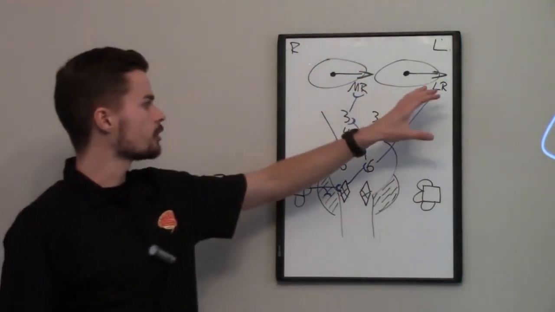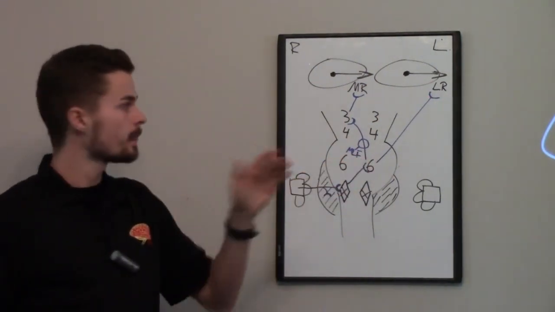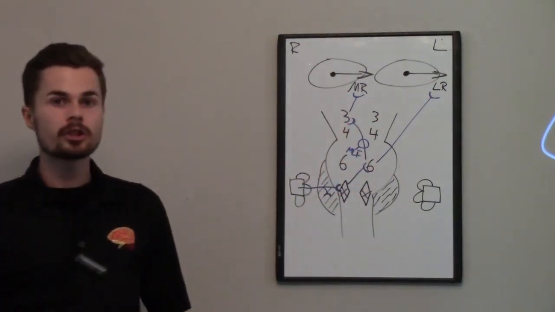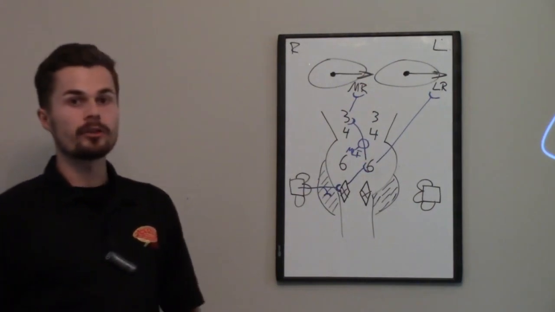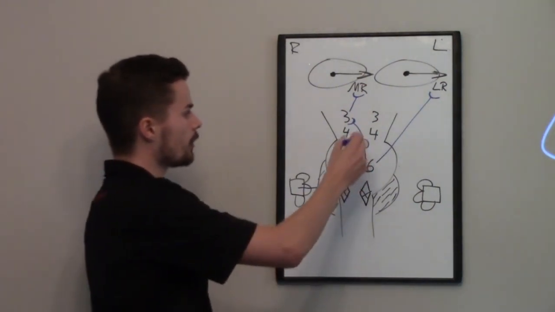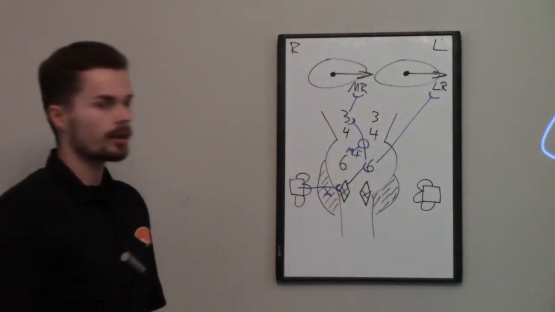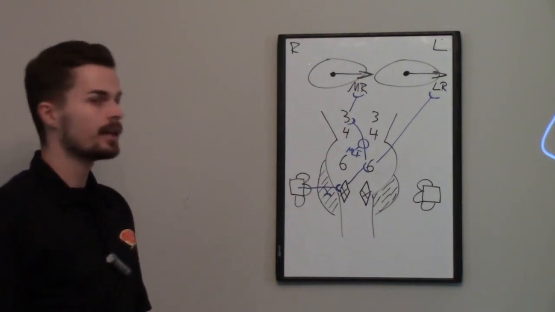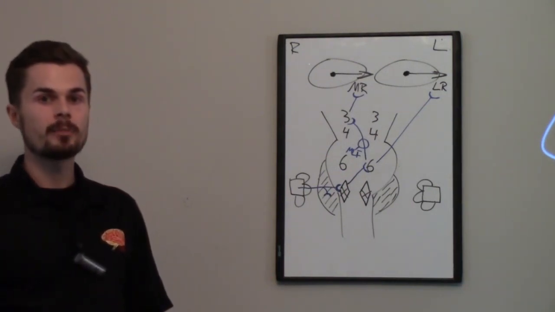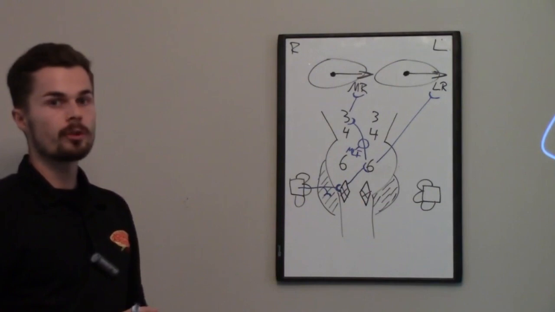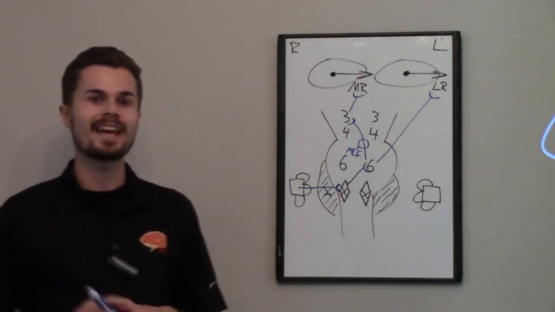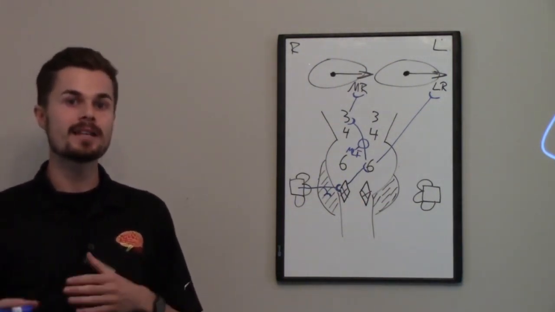So abduction by cranial nerve 6, lateral rectus, and then adduction by medial rectus, innervated by the cranial nerve 3. And then what's cool about the MLF, or diagnostically important, is that it's a really highly myelinated pathway, and it tends to be one of the first pathways that gets demyelinated in MS disease.